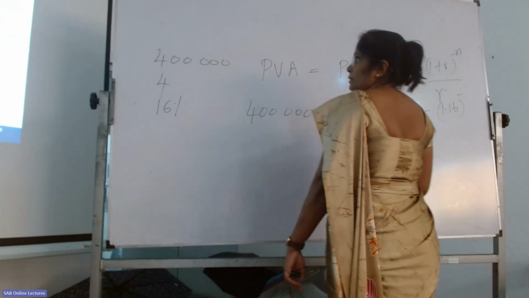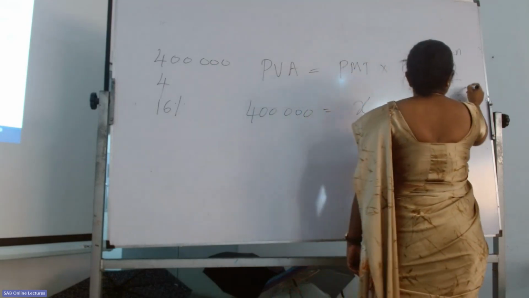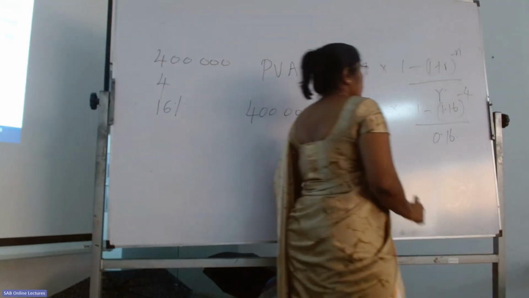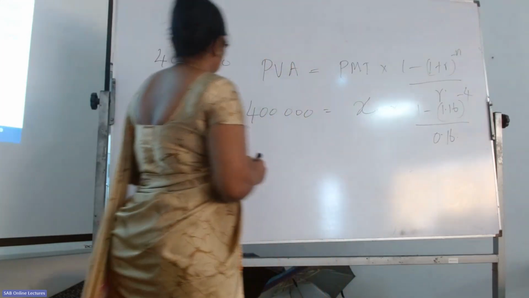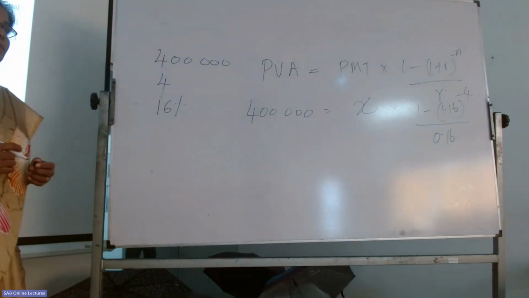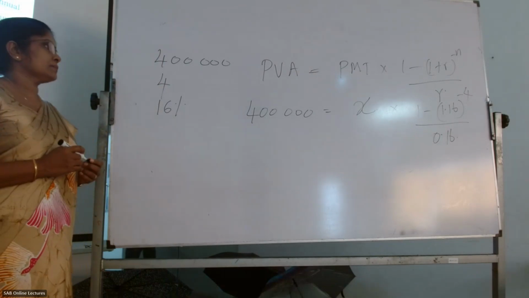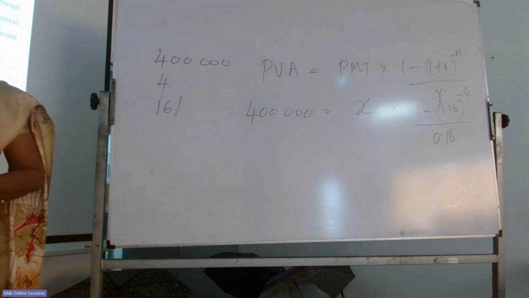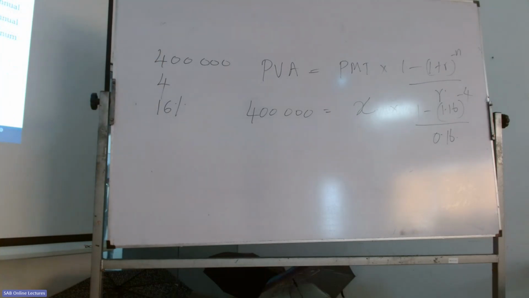You are going to repay the loan within 4 years, so n is 4 and r is 16%. So how much is the installment?